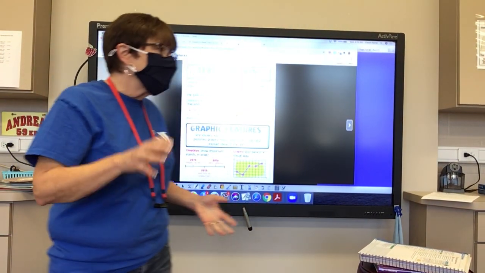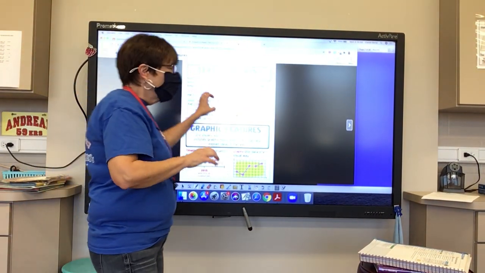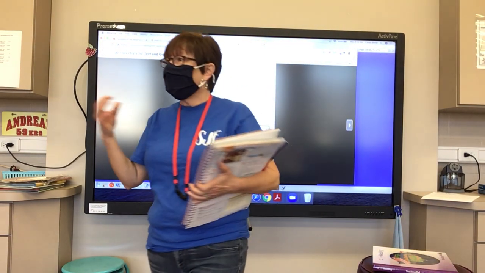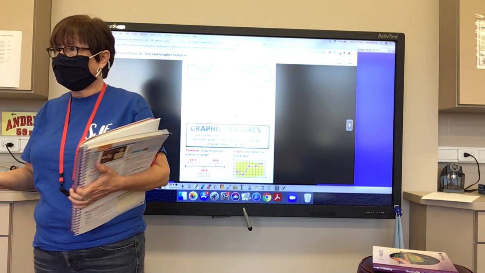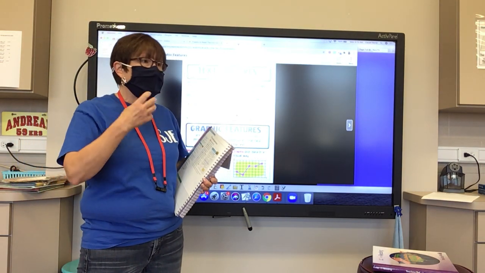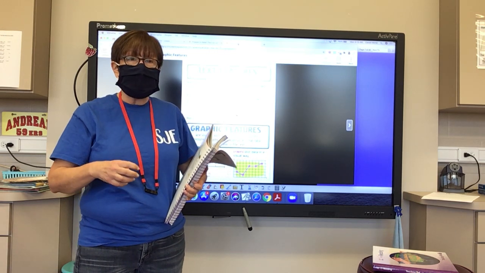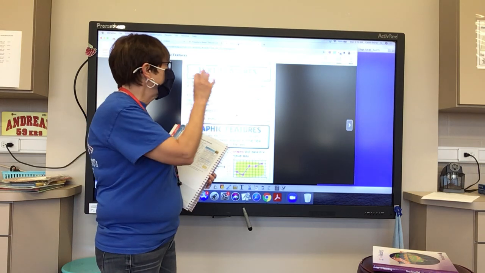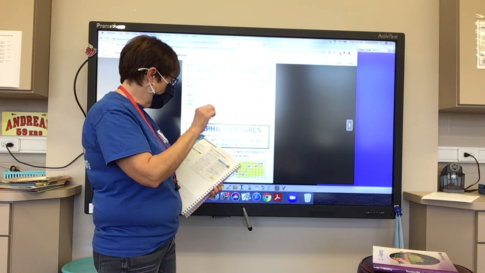Okay, so boys and girls, there are many interesting text and graphic features in informational text, and we really need to pay attention to these. They're not just there for decoration. They serve a purpose in our reading, and so we need to pay attention to them.